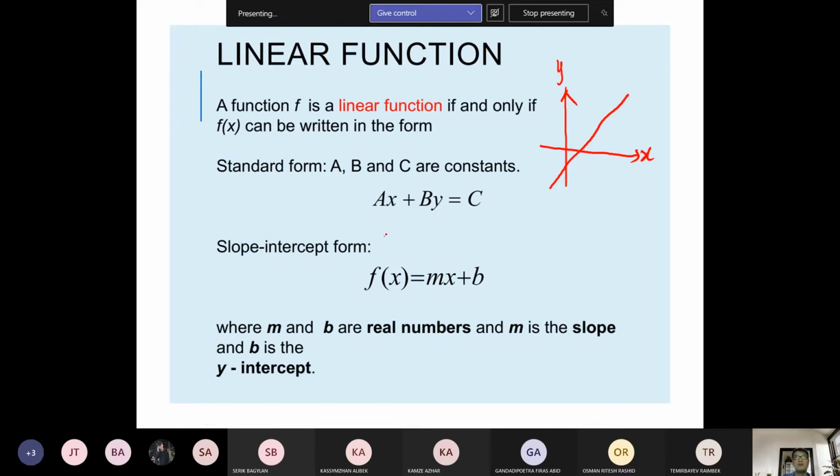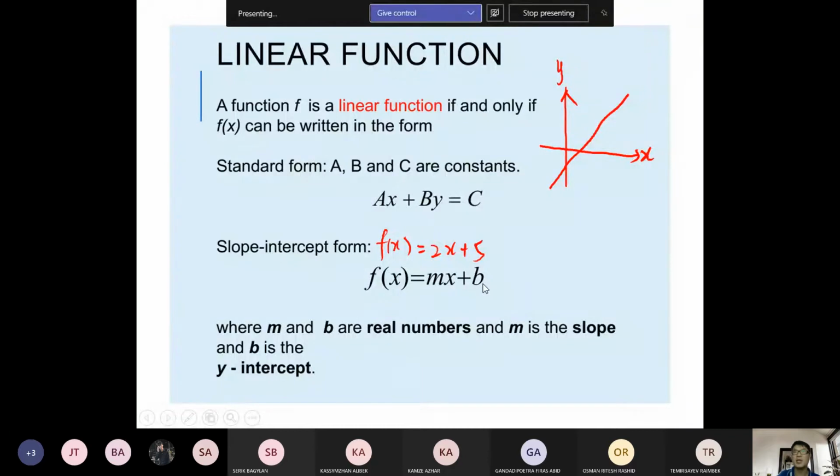We have 2x plus 5. The m and the b are actually numbers. We call them constants. The m and the b are real numbers. For m here, we call this the slope, and the b, we call the y-intercept.